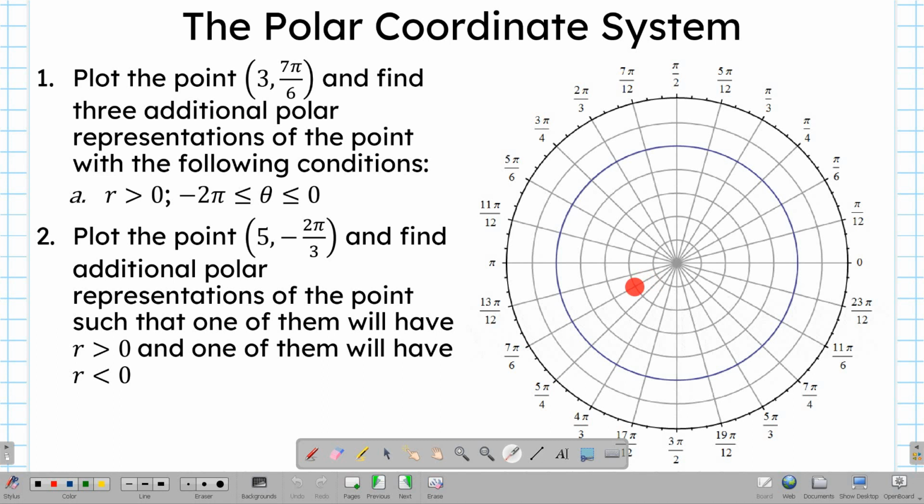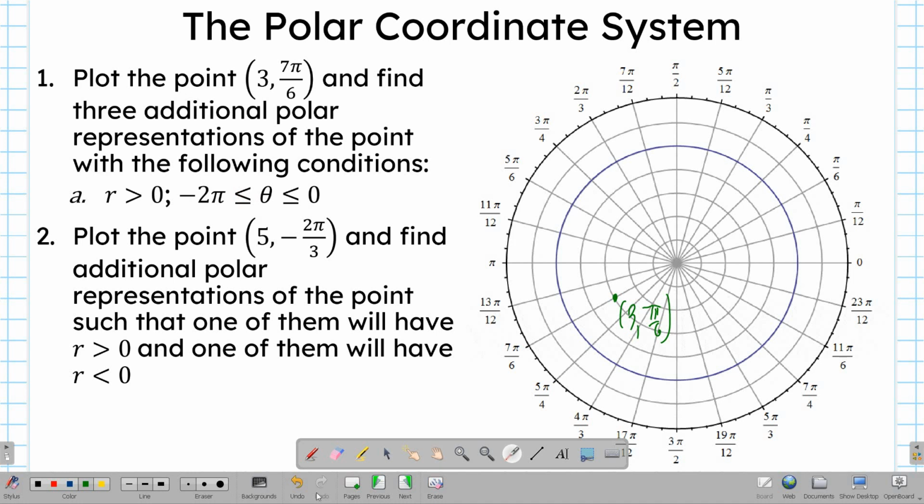Then 3: 1, 2, 3. So this is the point (3, 7π/6). Now we're asked to give another polar representation of this point given that r is greater than 0 but θ is between -2π and 0.